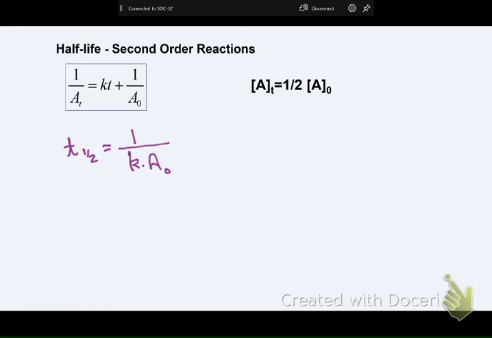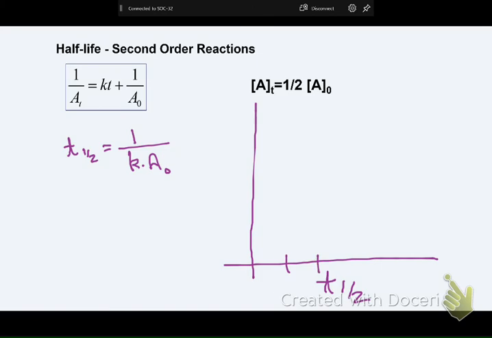Okay. There's my equation. I want to graph it. So here's t 1/2. That's another t 1/2. It's another. I didn't calculate t 1/2. I'm just saying relative to t 1/2, right?